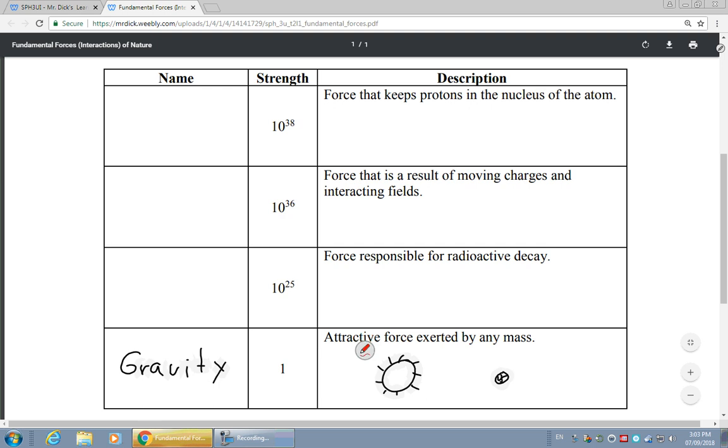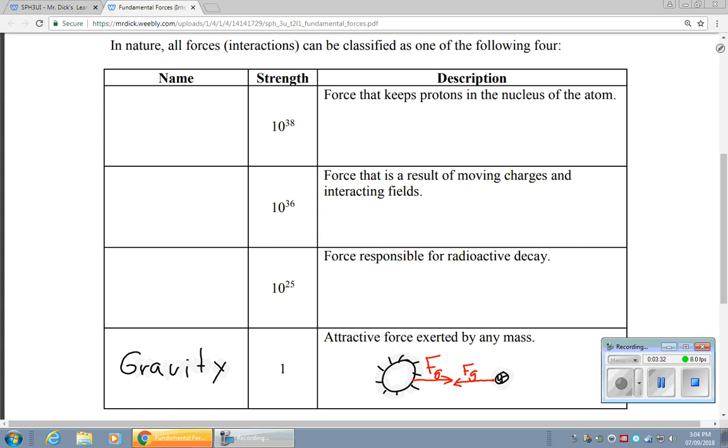So anything that has a lot of mass, like the sun, will be attracted to the Earth through what we call the force of gravity. We often write that as F with a little subscript g, Fg, the force of gravity. But at the same time, the Earth has mass, and it's going to feel an attractive force towards the sun. That's how we are able to stay in orbit around the sun. We feel a mutual gravitational attraction between ourselves and the sun.